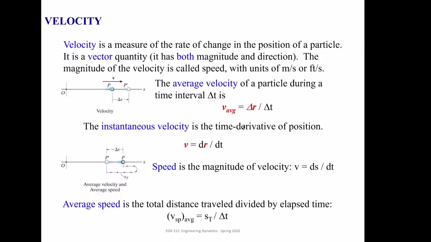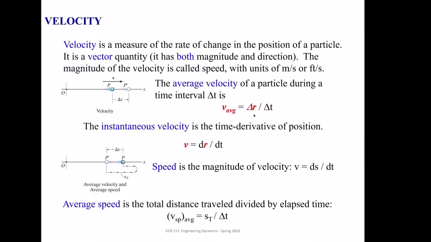So the next quantity we're going to look at is velocity. Okay. And you could look at it in terms of average velocity or instantaneous velocity, which we'll look at here. The average velocity basically says you start at point P, you move to point P prime here, and you have some change in position, or distance traveled, over some period of time.